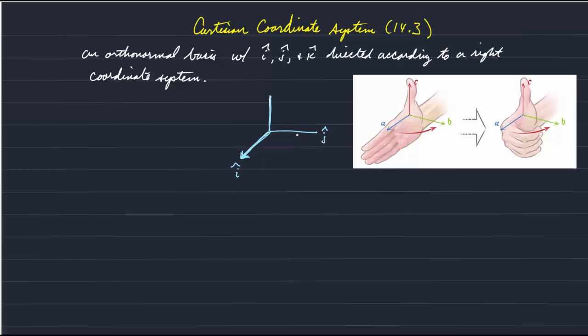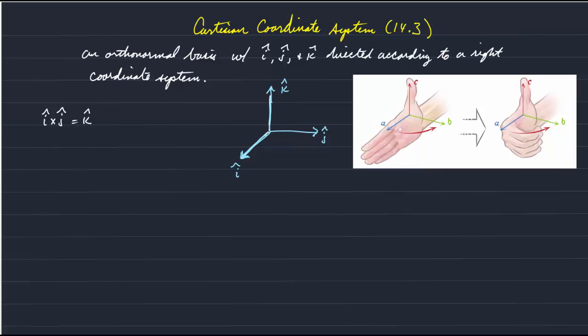The j hat direction is going to the right, in the plane of the computer monitor, and k hat is also in the plane of the computer monitor. So with the right-hand system, i hat crossed with j hat is equal to k hat.